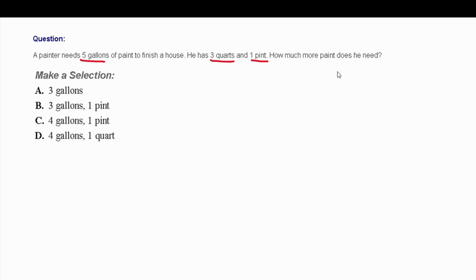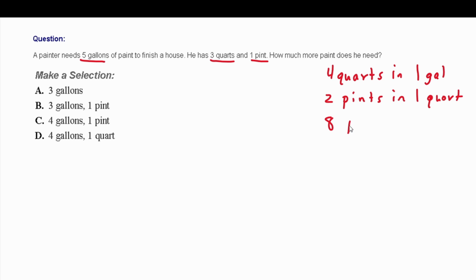So I'm going to write there are 4 quarts in 1 gallon. There are also 2 pints in 1 quart, which means that there are 8 pints in 1 gallon.